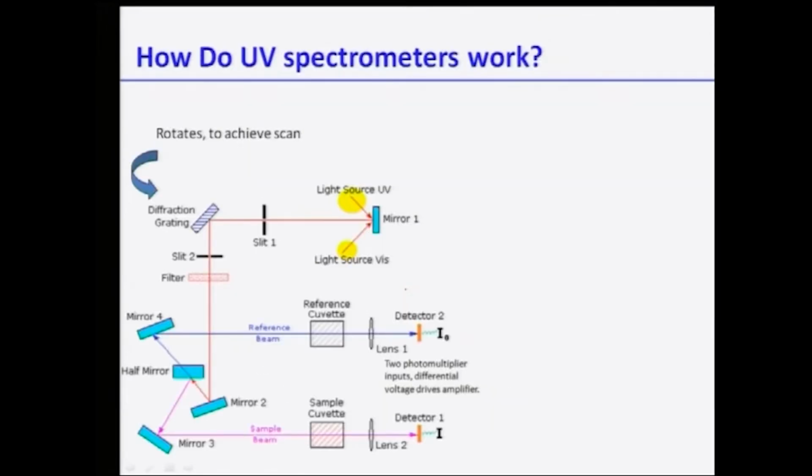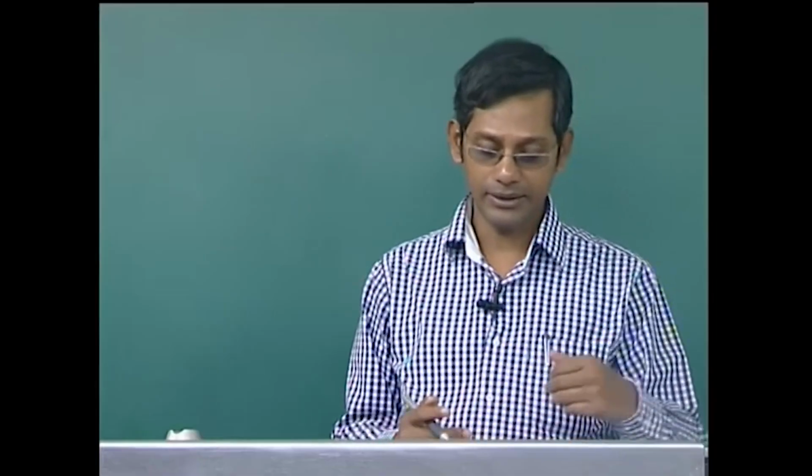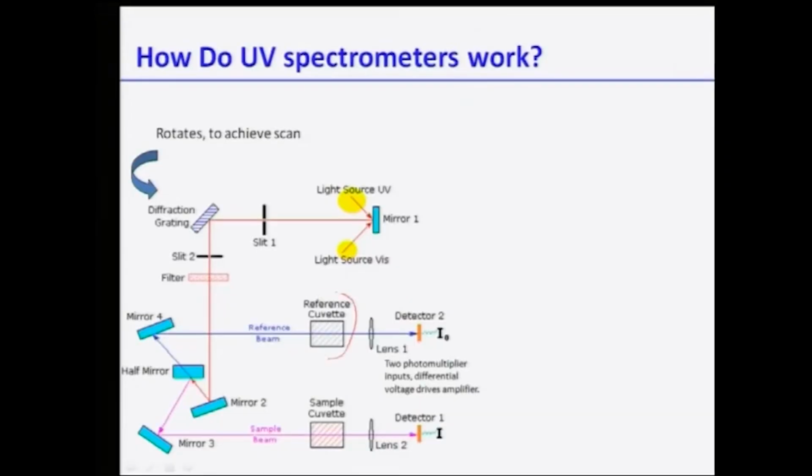So let me go straight to the spectrometer principles, or how the instrumentation is done. This is the schematic picture in a nutshell. You have basically a reference and a sample; the cuvette is the sample holder that is used.